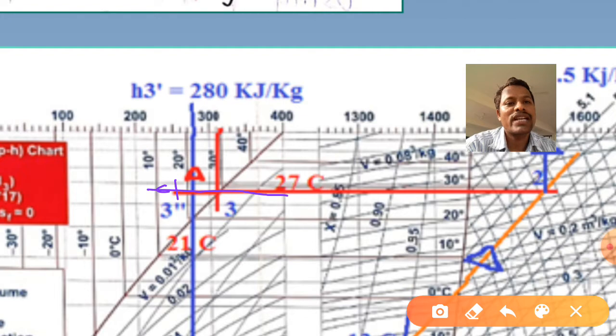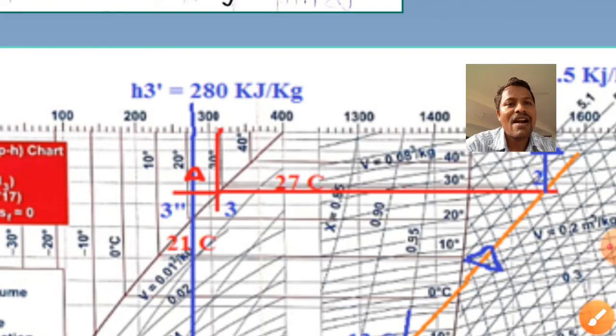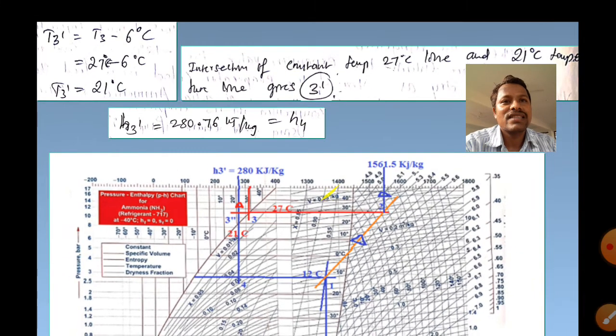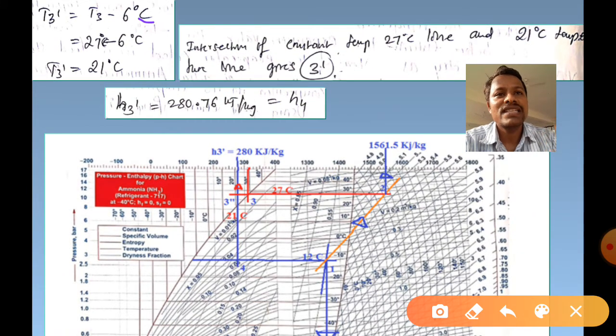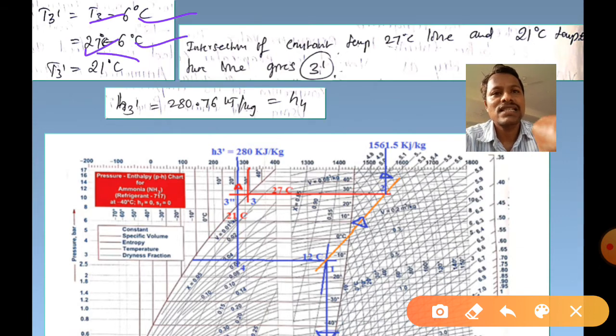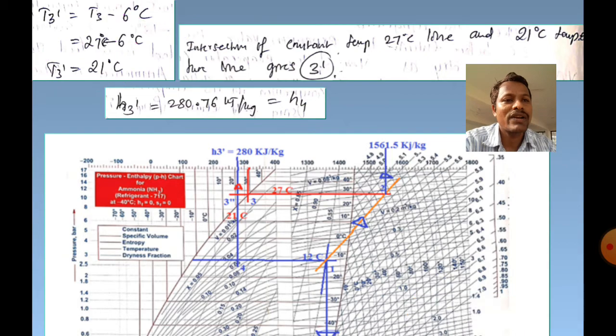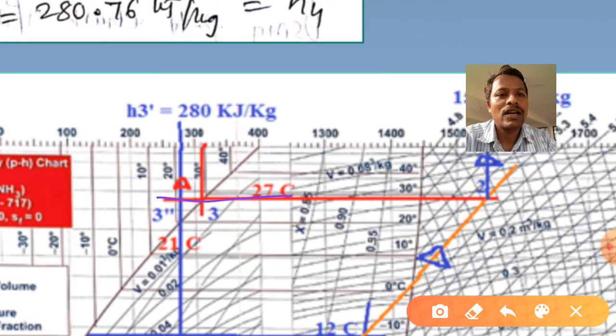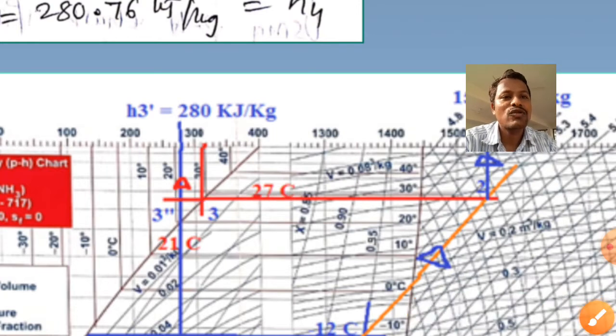So what is the undercooling temperature? The temperature after the undercooler is 21 degrees Celsius. That is, it is undercooled by 6 degrees Celsius. T3 dash is 27 minus 6, that is 21 degrees Celsius. Now I will extend this line till 21 degrees Celsius.